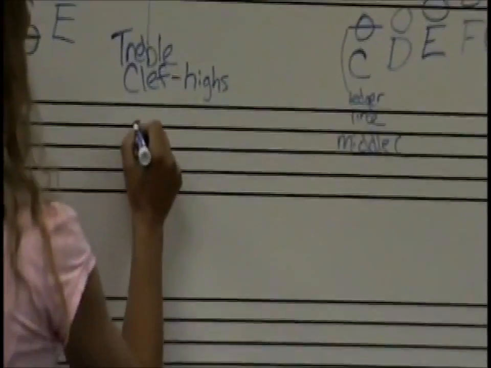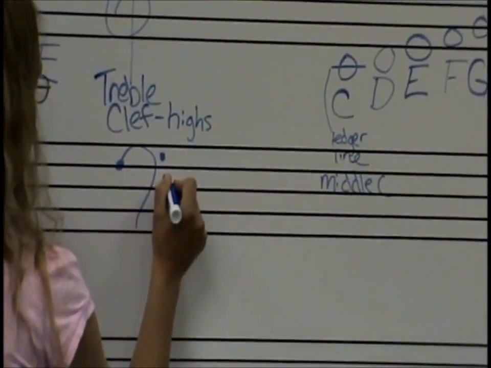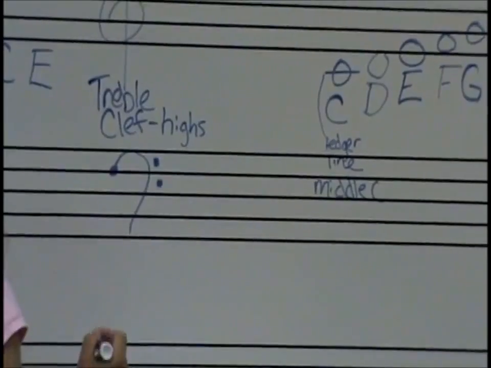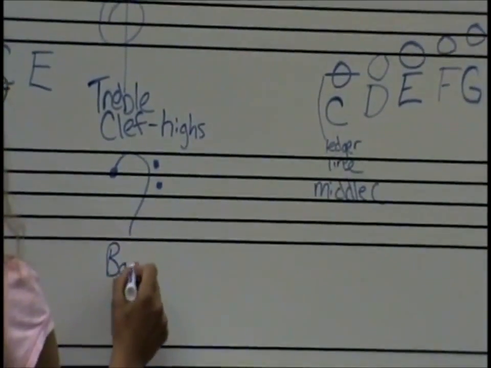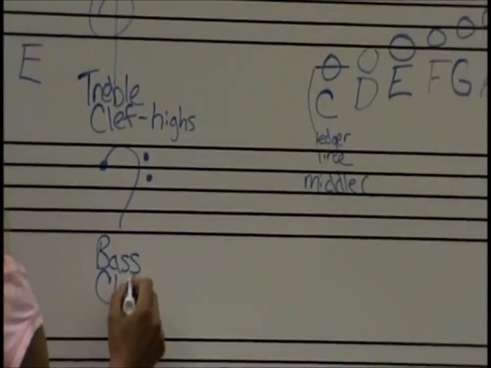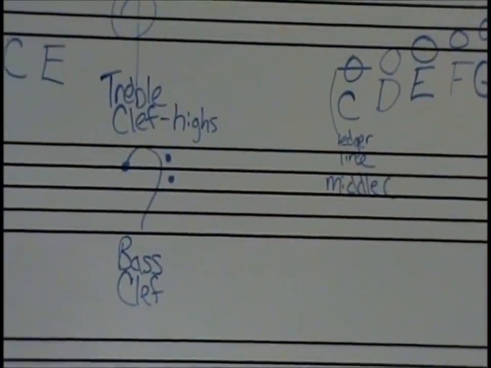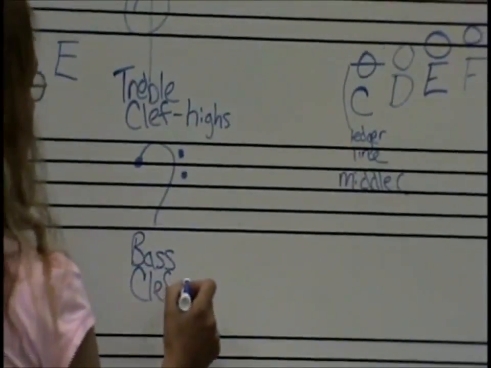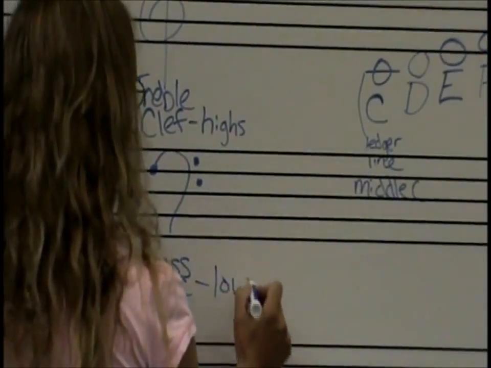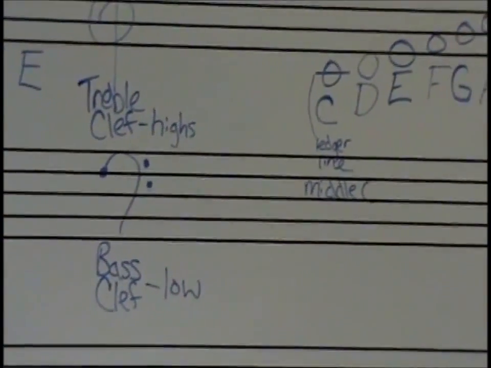This is a bass clef. A bass clef is spelled B-A-S-S, not S-E, bass clef. And a bass clef, you can think about your basement in your house is low. So the bass clef is going to be for low instruments and low voices.